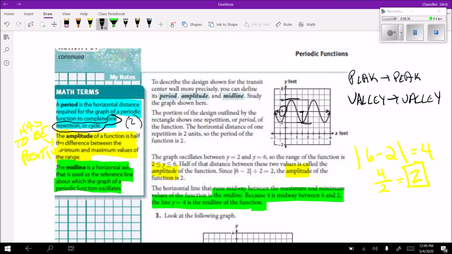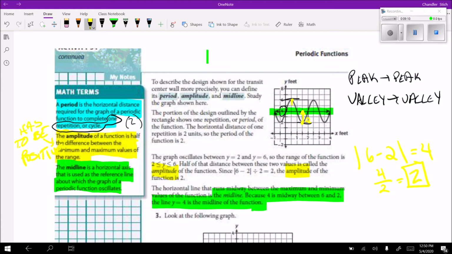4. All right, so this line right here is our midline, because it's exactly in between the two. If you're wondering how to find the midline, find the amplitude first, because the minimum, or the valley, to the midline is 2.